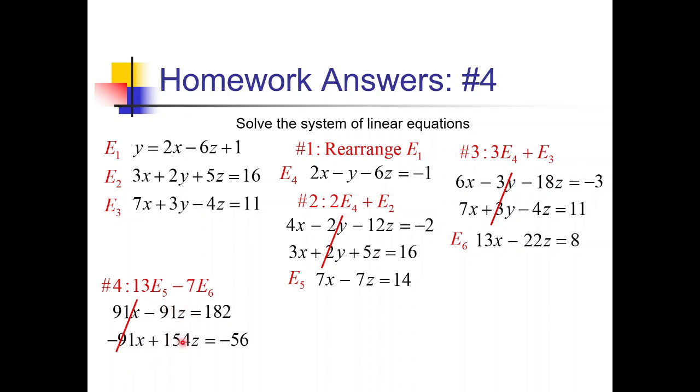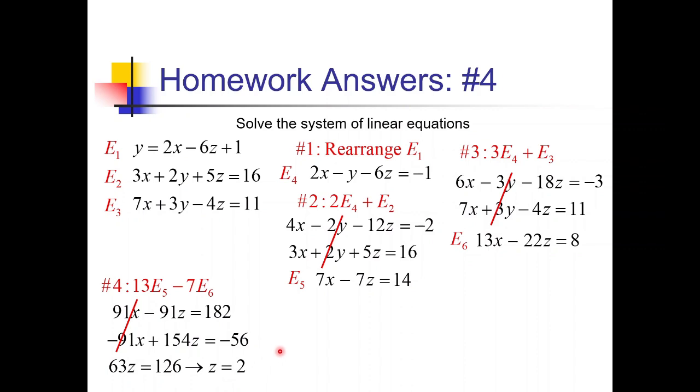Negative 91 and 154, I believe that is positive 63z. And 182 plus negative 56, that's going to be 132 minus another 6 is 126. So it took us a little bit of mental math, but this is actually a nice situation because if I divide by 63, I get z equals exactly 2, which is awesome.